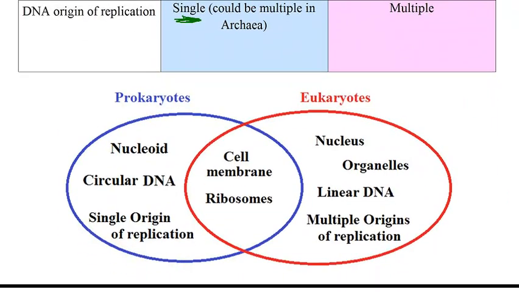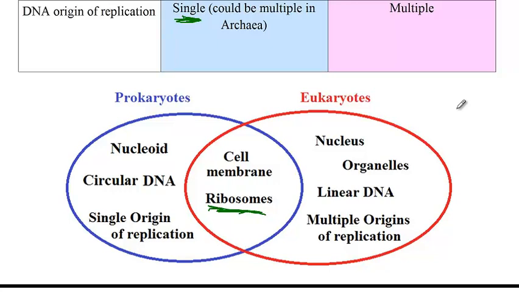And then here I have an image that summarizes the differences between eukaryotes and prokaryotes. So both eukaryotes and prokaryotes have a cell membrane that maintains the content of these cells. They both have ribosomes that are required for production of protein, but there is a difference in the structure of prokaryotic and eukaryotic ribosomes.